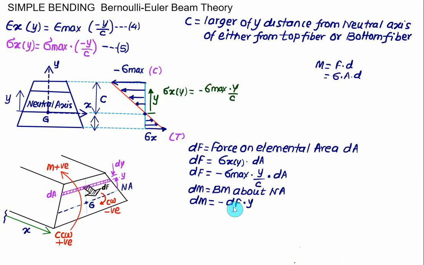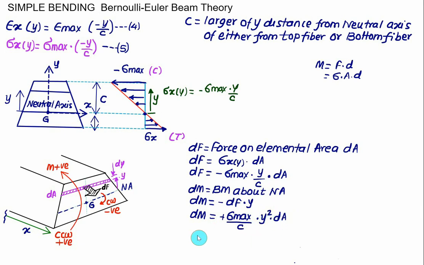Already we got the equation of dF as minus sigma max into y by c multiplied by dA. So for the differential area, dM can be written as minus, and minus times minus becomes positive, sigma max divided by c, and this value of y and this value of y will be y square multiplied by dA.